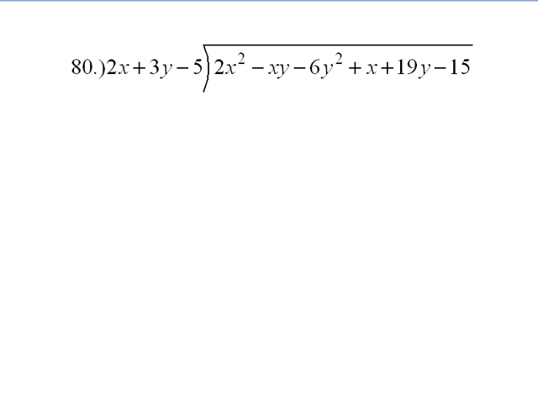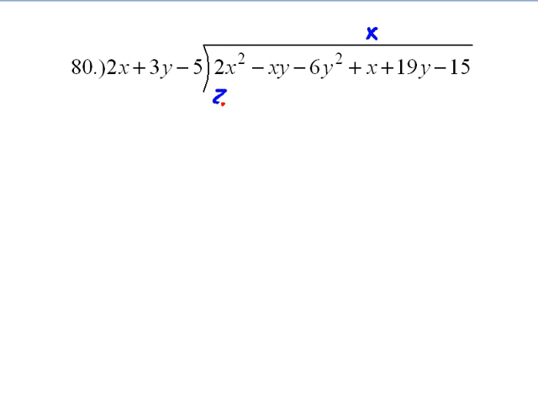Okay, this one's going to take us some time. You can see that, right? All right, we'll start it off. What times 2x equals 2x squared? That would be x. I'm going to place that over the x.